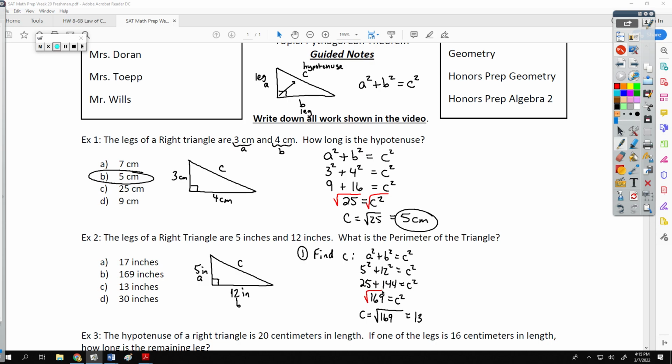Once we know the length of that third side is 13 inches, then we can turn around and find the perimeter by adding up our 3 side lengths, A plus B plus C. So our perimeter would be 5 plus 12 plus 13, or 30 inches.